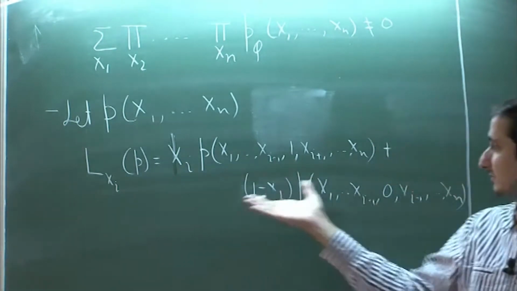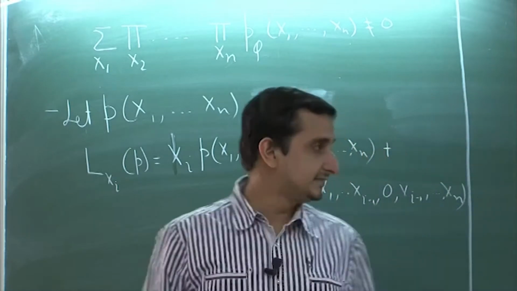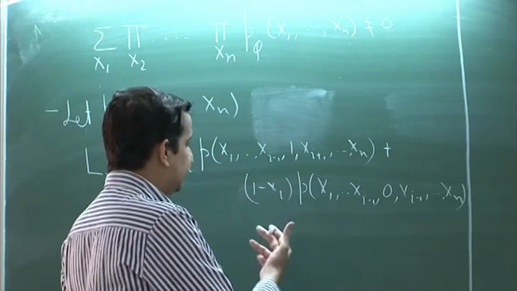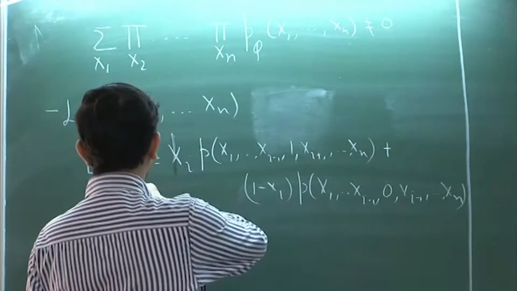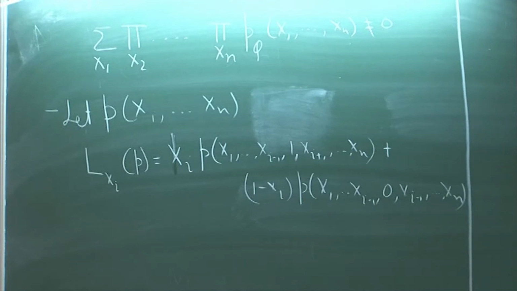Basically what this operator does, as we saw last time with an example, is that any monomial in this polynomial P where xi has a degree higher than 2, it just reduces that degree to 1.